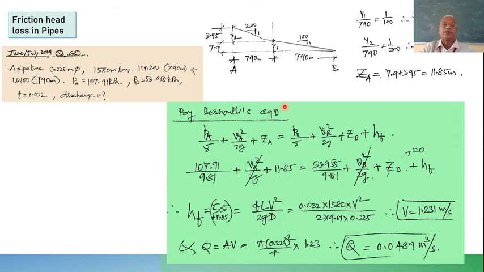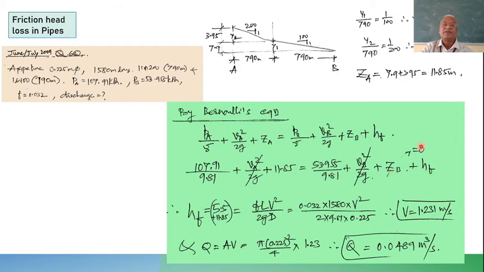Okay, here by Bernoulli's equation, what is Bernoulli's equation? The total energy at A equals the total energy at B plus the head lost in running from A to B, that is HF from A to B. Now PA is given, PA by gamma, PA plus VA squared by 2G, the same diameter it is 0.225, so VA squared by 2G plus ZA, that is 11.85, is equal to PB, given, divided by 9.81, plus VB squared by 2G plus ZB equal to 0, plus HF.